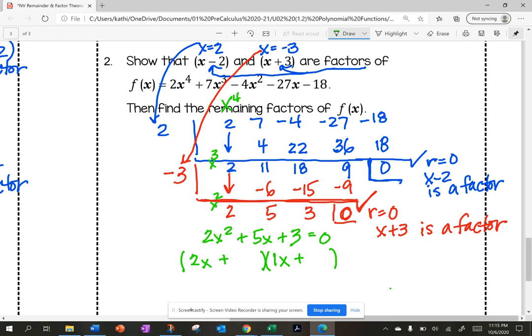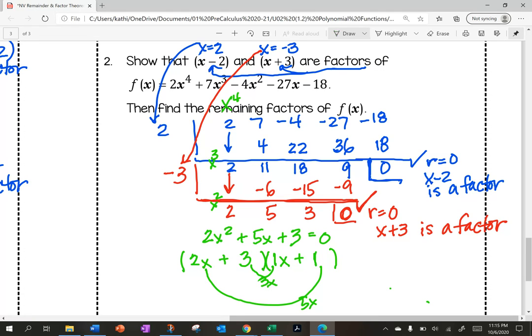And then I want factors of 3, which are 1 and 3. So if I put 3 in this first factor and 1 in the second factor, when I check, I have 3x here and 5x here. So I have the rest of my factors.